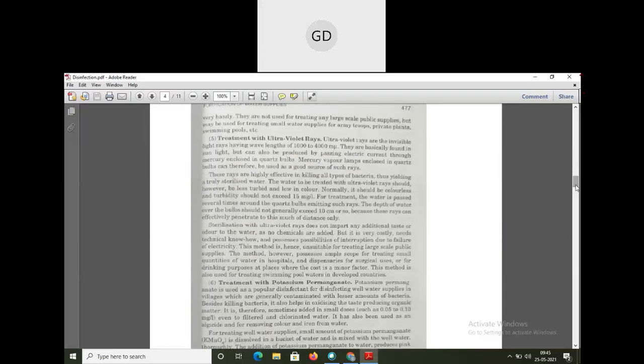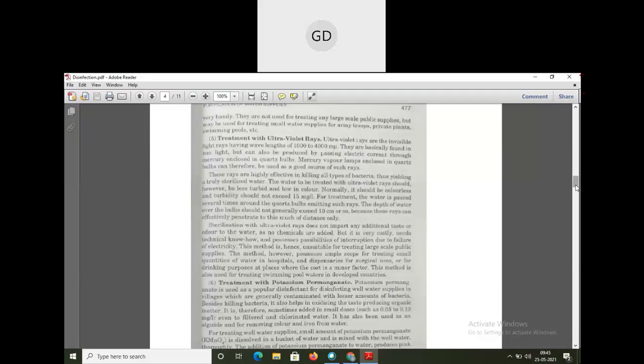Similarly, the next one is treatment with ultraviolet rays. Everyone knows that we get ultraviolet rays from the sunlight. It has a wavelength of 1000 to 4000 micro wavelength, so you can see it is also harmful. How is it done?